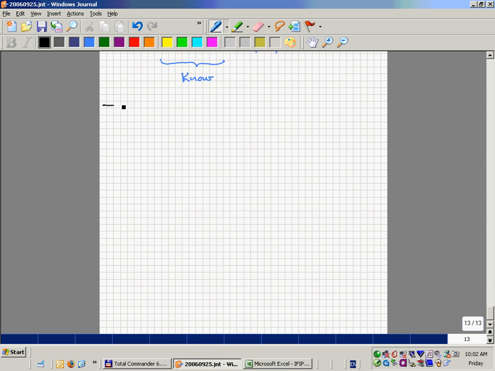Okay, the transition zone, which is what we're really interested in, is controlled by two things. It's the level of capillary pressure, oil-water, and the density difference, water-oil.